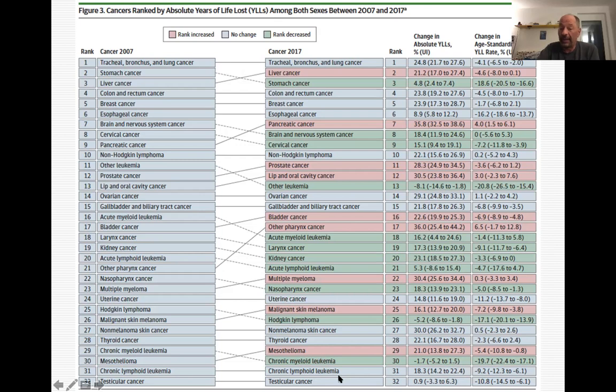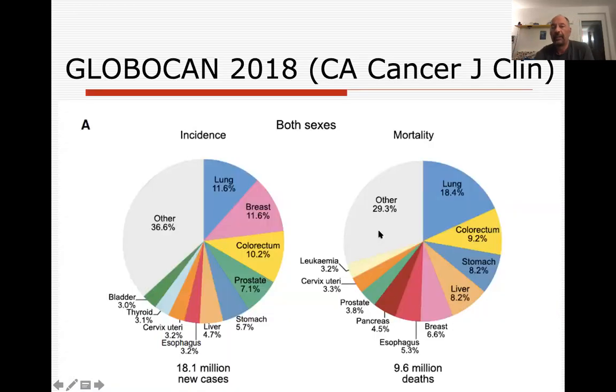Of course, not all cancers are in the ranking because you can have cancers everywhere. Leukemia is relatively rare, but you see it here because you have a lot of life loss. Same also for brain cancers. There are a lot of pediatric brain cancers that, of course, increase the years of life loss compared to the absolute incidence. Acute lymphoid leukemia also, same problem here.